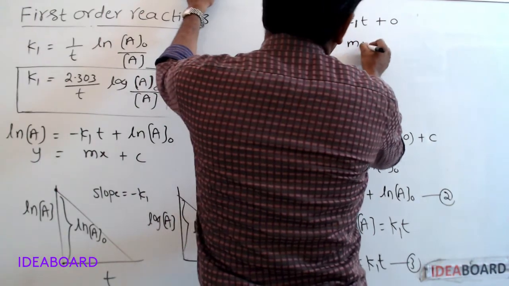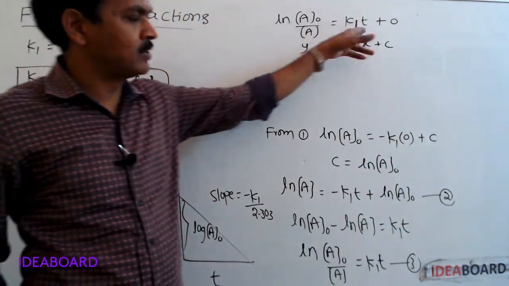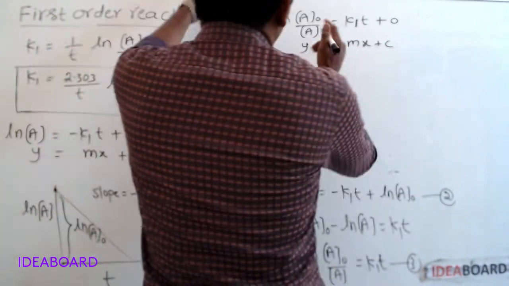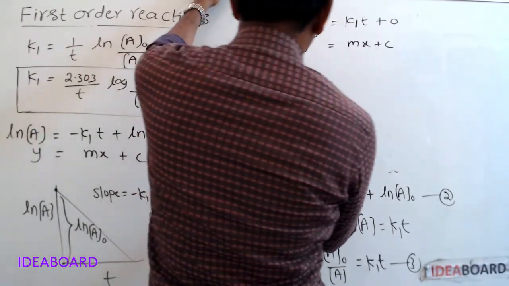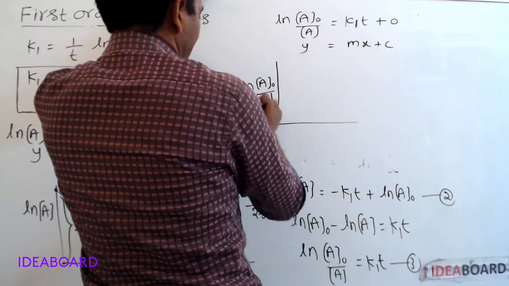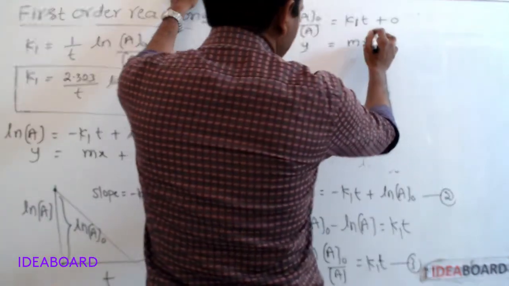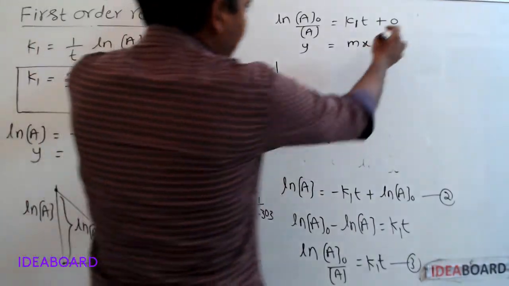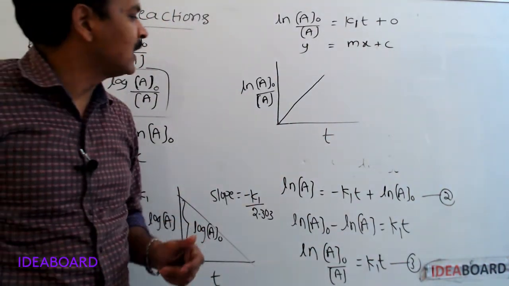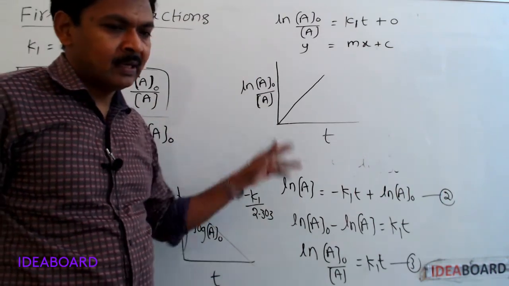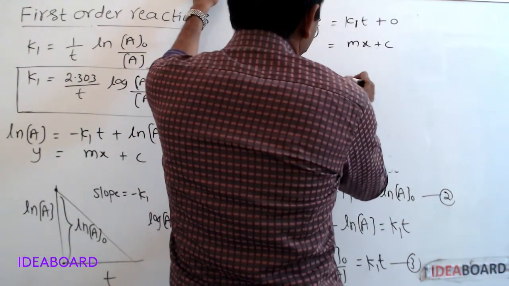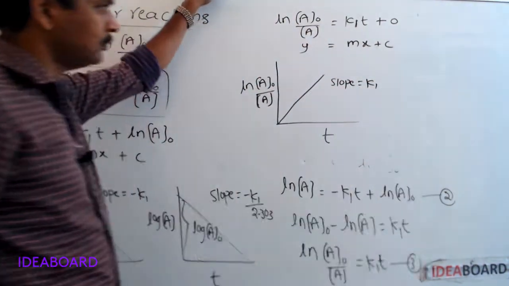When a graph is plotted between ln A naught by A and time, the y-intercept is 0, so a straight line is obtained which passes through the origin. Its slope is equal to K1.